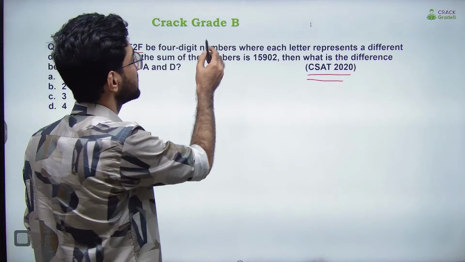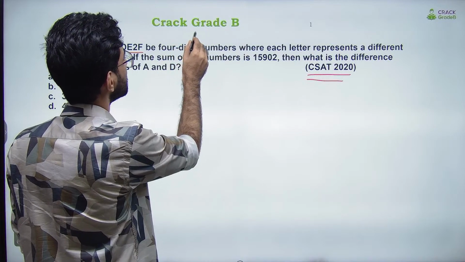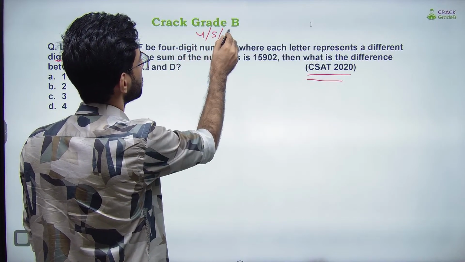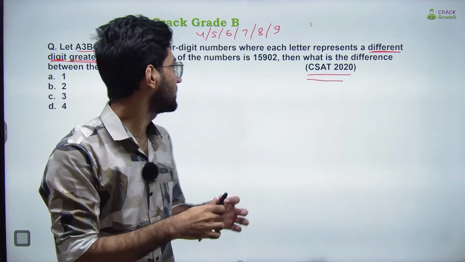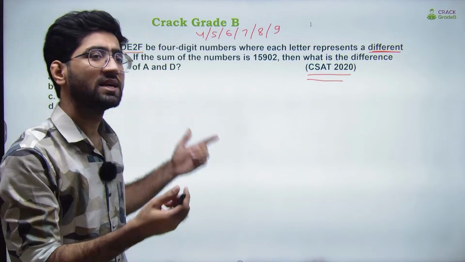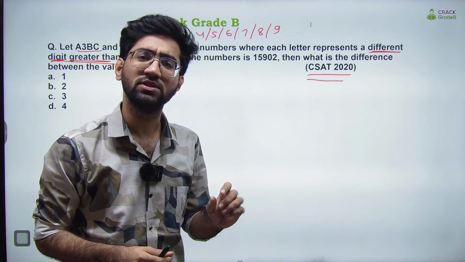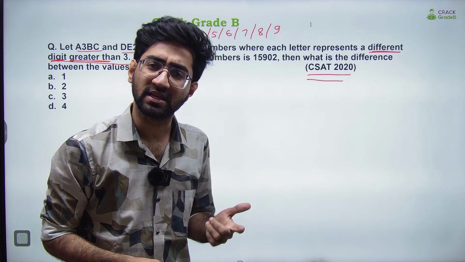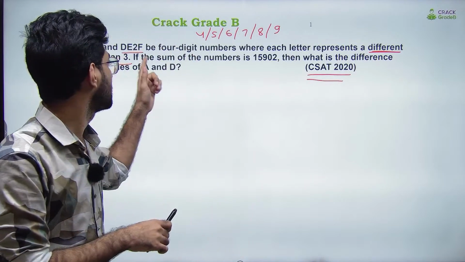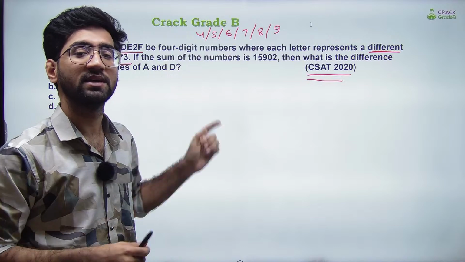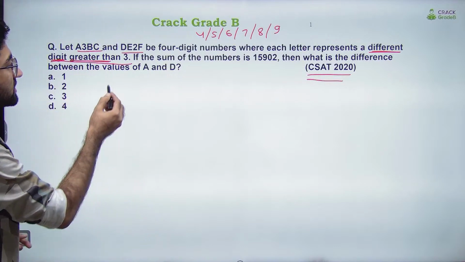So basically these letters represent 4, 5, 6 and so on. Suppose that D represents 6. Means no other letter will represent 6, right? Okay. Let us read further.